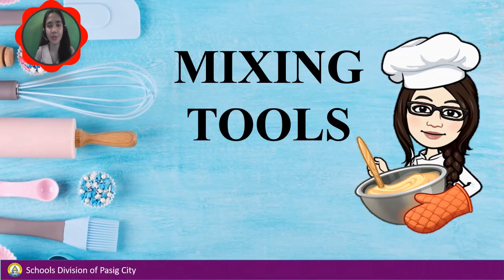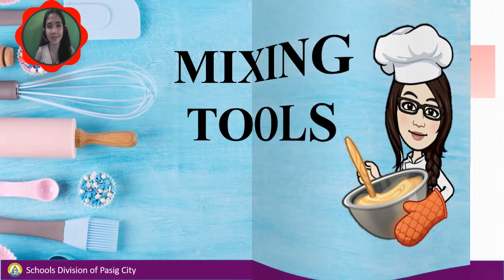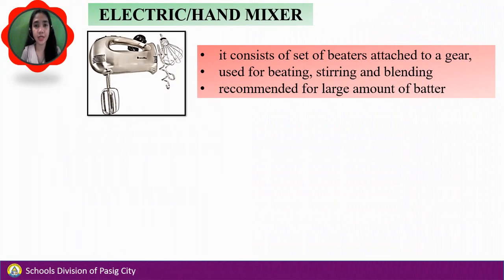Let's start with mixing tools. In general, mixing tools are used for mixing ingredients. Electric hand mixer. It consists of set of beaters attached to a gear. It is used for beating, stirring, and blending. It is recommended for a large amount of butter.